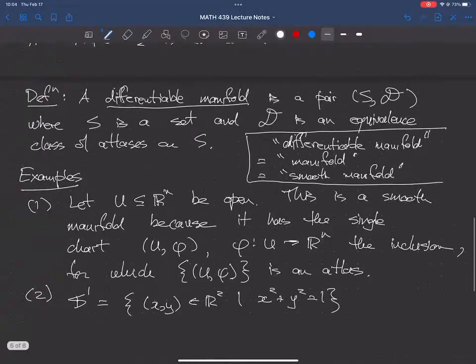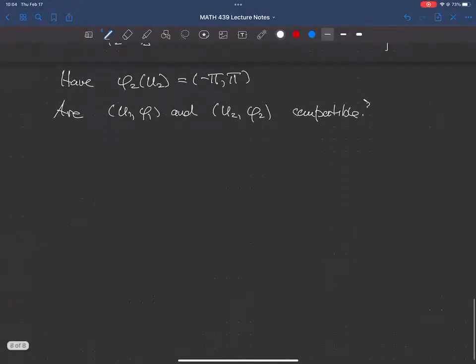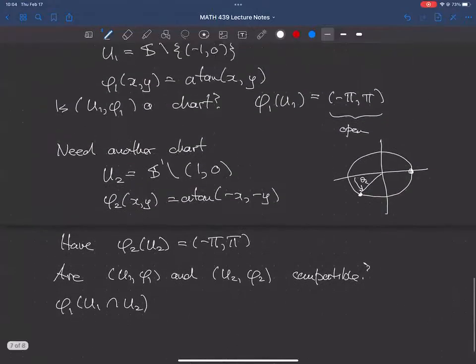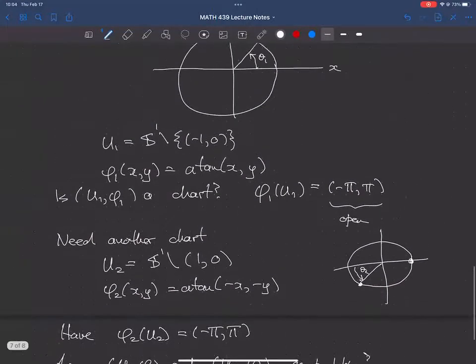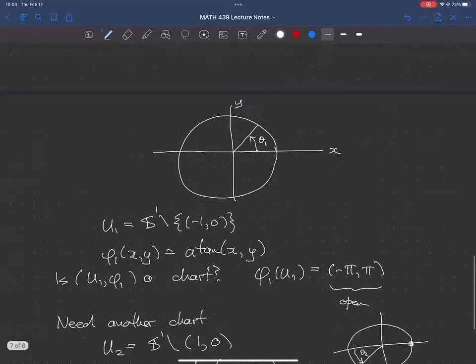All right, so let's do that. Take phi 1 of U1 intersect U2. For U1, I remove this point, and for U2, I remove this point.